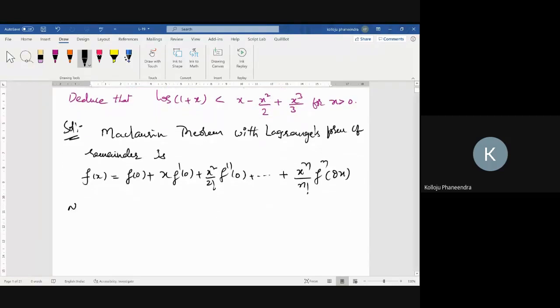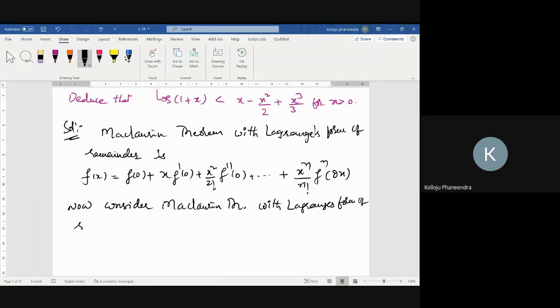Now consider Maclaurin theorem. Since the required is up to cube, consider Maclaurin theorem with Lagrange's form of remainder up to third degree.